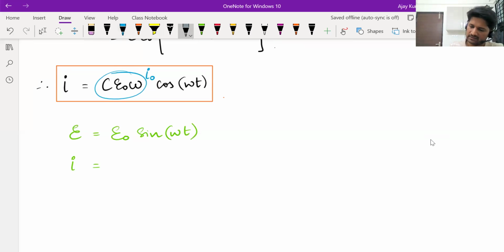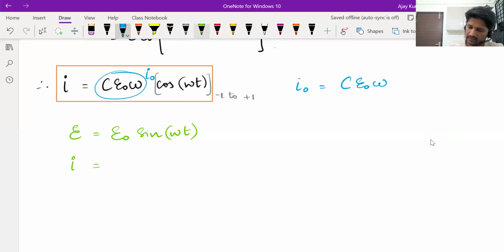As time varies, cos omega t may vary from -1 to +1. But when cos omega t becomes +1, that's the maximum value, the current will become I naught. So I naught is the peak current. So let's take I naught is equal to C E naught omega.